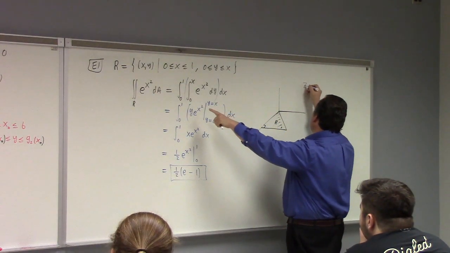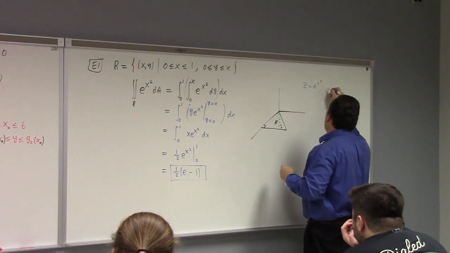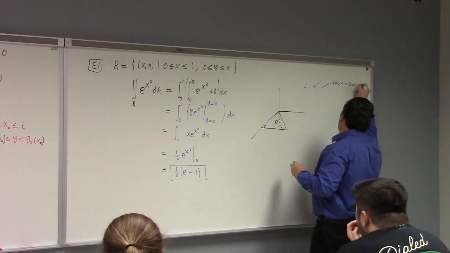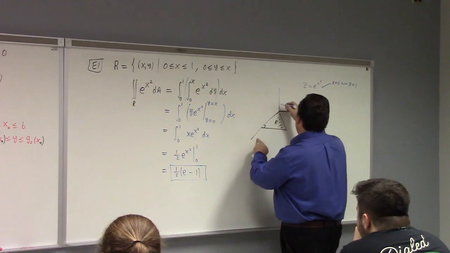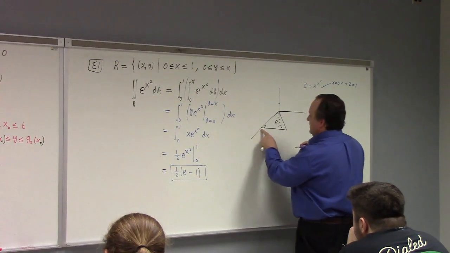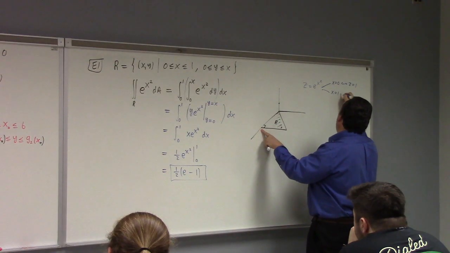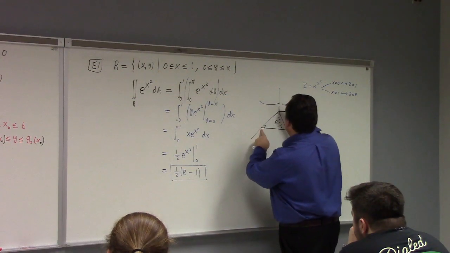And z equals e to the x squared. When x is equal to 0, we get z equals 1, right? But that's just here, right? And when x equals 1, we get z equals e. So that's about up here. So it kind of goes up like this.